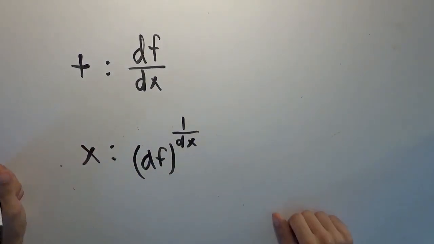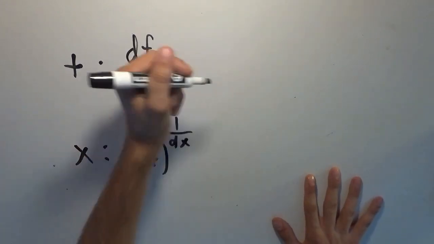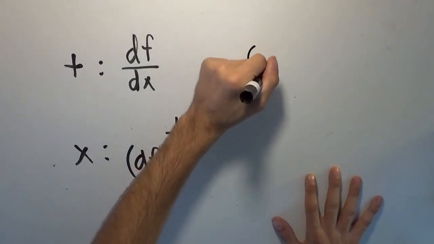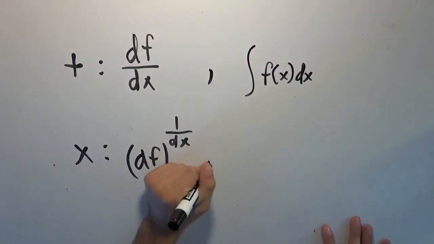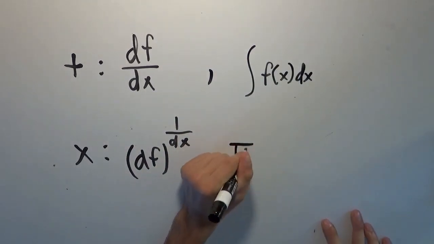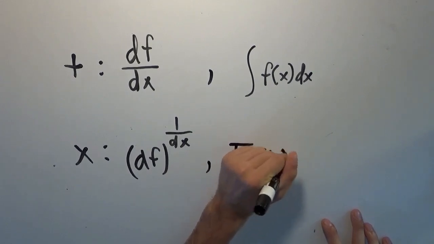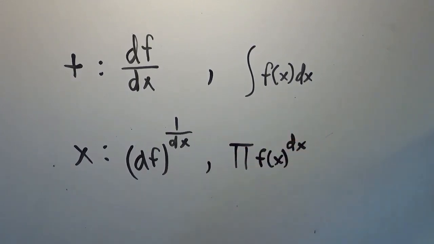Similarly, the regular integral is a sum over the function times the differential of x, whereas the product version is a product over the function to the power of the differential of x, and it makes all of the math work out brilliantly. It's such a neat idea to try and do a multiplicative integral, but I don't really have much of a concept of what exactly this entails.